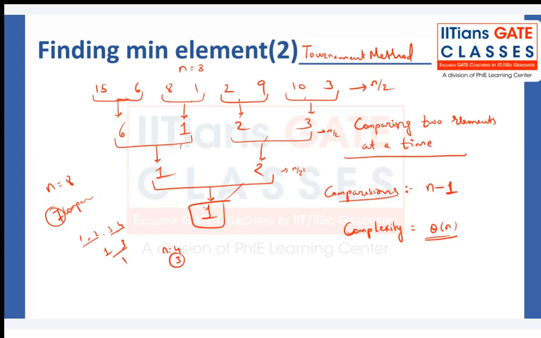Note that down, and we'll go to the next. So basically, both methods, the normal and the tournament method, have the same result when we try to find the minimum element.